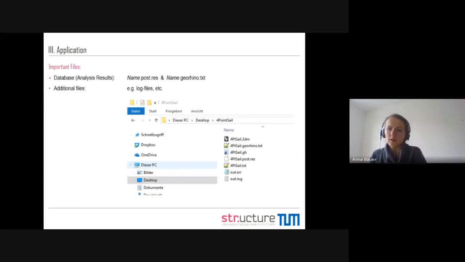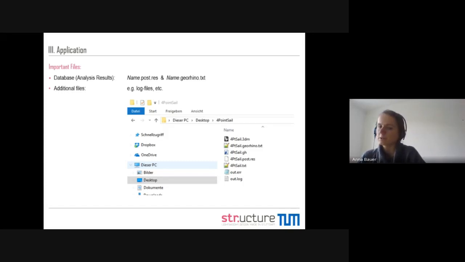And the last thing is that it's not only the Grasshopper file that is generated, but also there are some additional files which will be next to your Grasshopper file. If you're running into some problems or want to check something, it's always good to have a look there, because there is the database with the initial model, so your geometry and your analysis model, and also the results inside a text file.